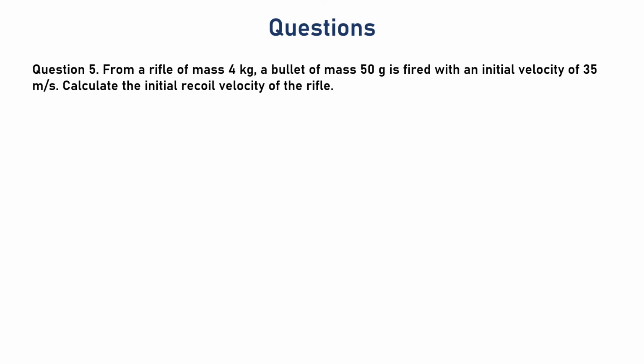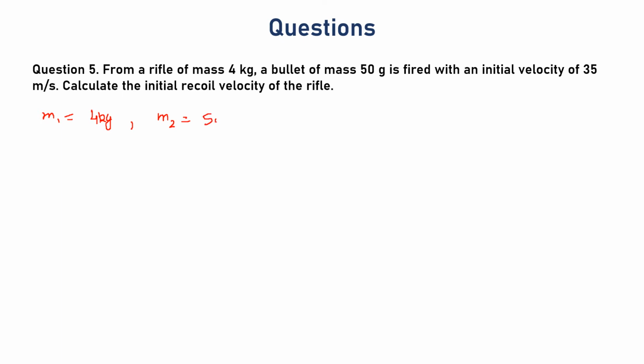I will consider it as M1 because it is given first. M1 is 4 kg, right? And what about the mass of the bullet? I'll consider it as M2. Bullet mass M2 is 50 grams.